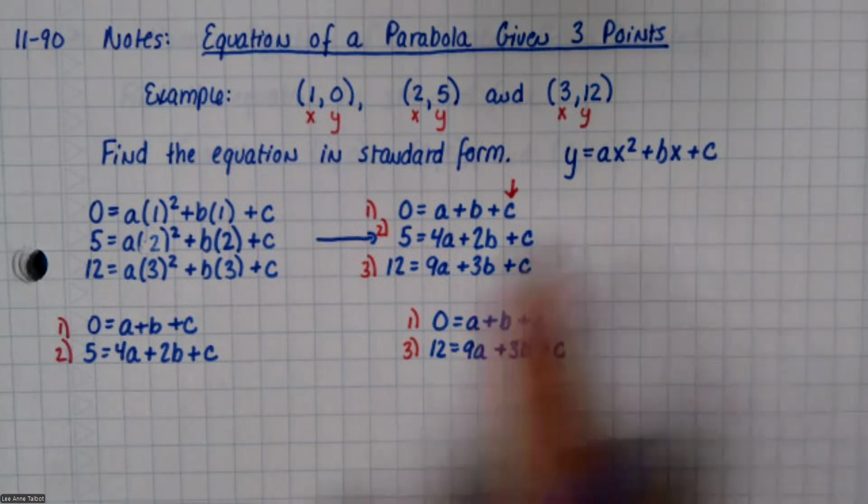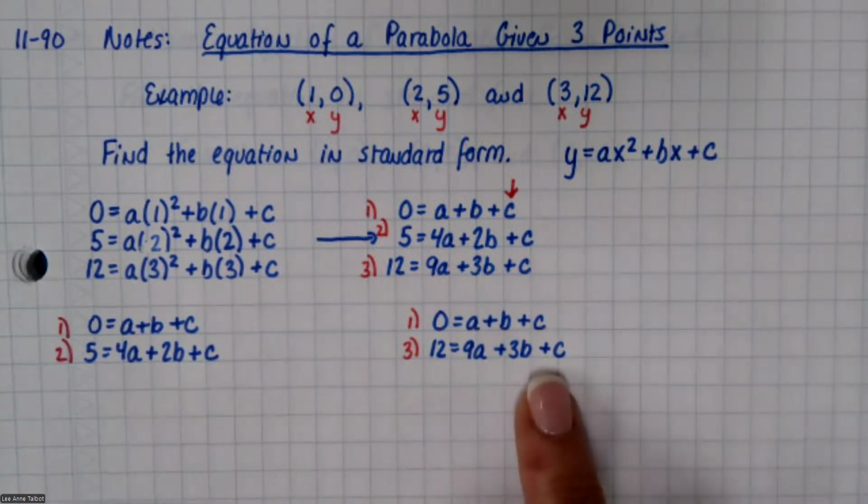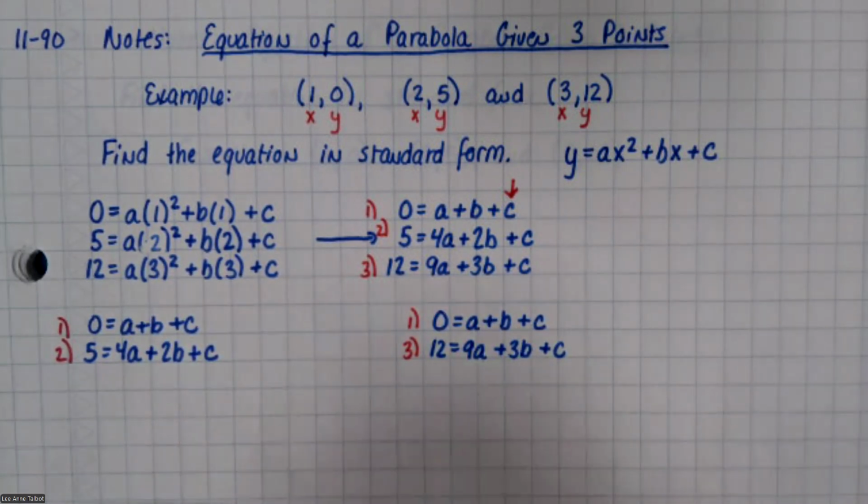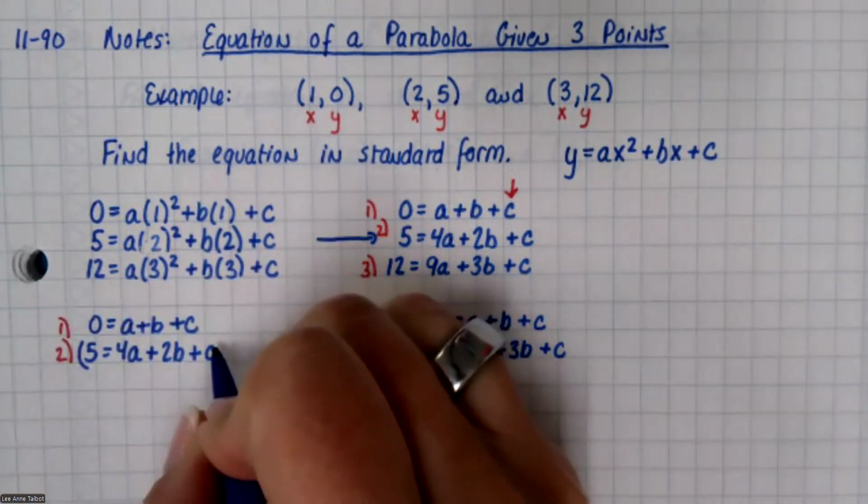I eliminate the C, I put 1 and 2 together and 2 and 3 together, or 1 and 3 together, and then I subtract.